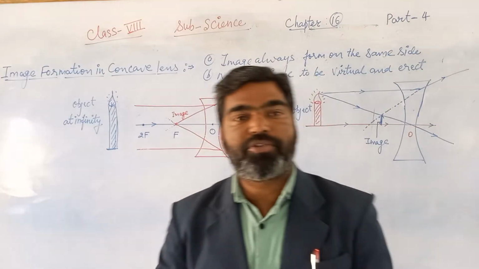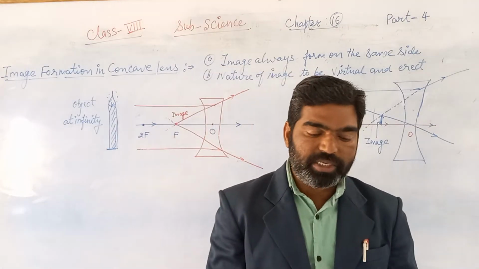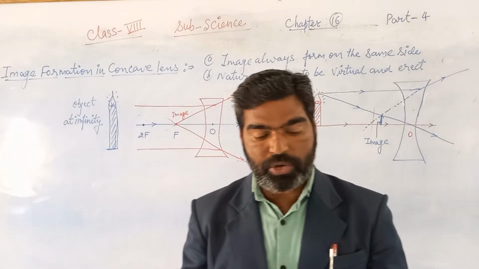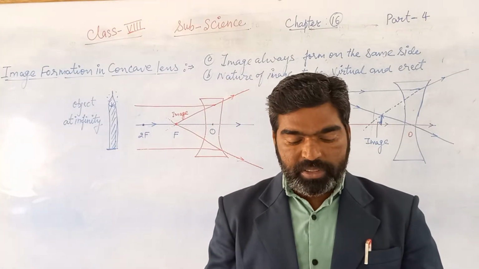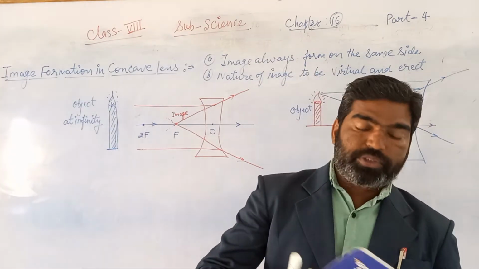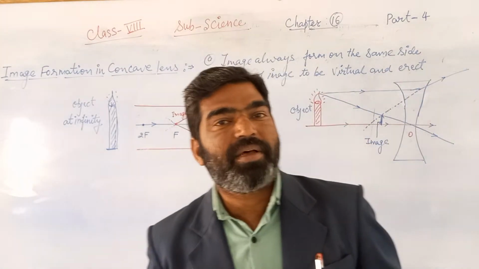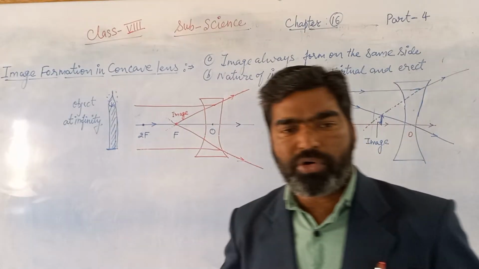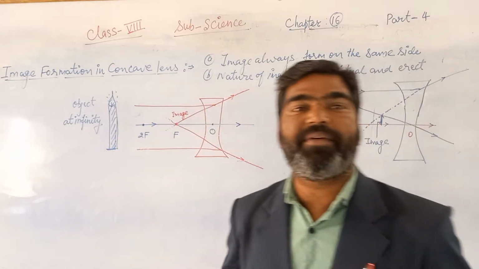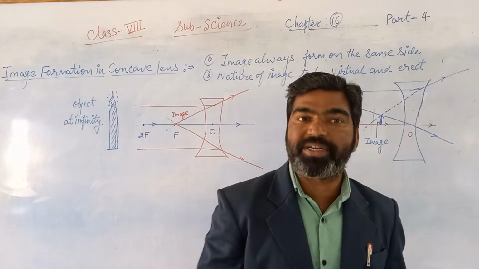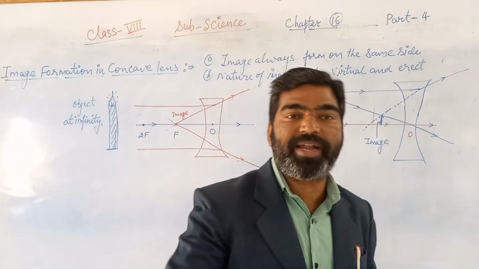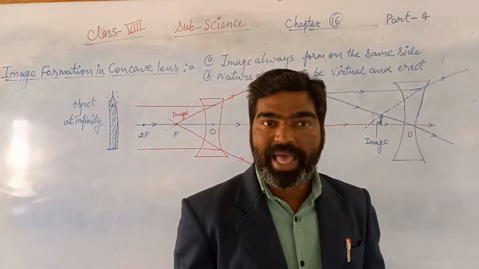Now today we are going to discuss first the image formation by the concave lens. What kind of image is formed by a concave lens? Everybody knows that the concave lens is a diverging lens, which spreads the beam of light.